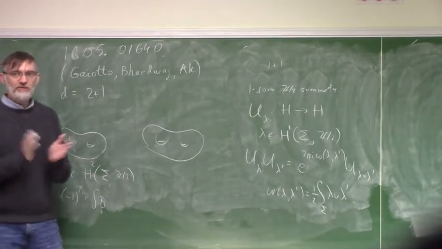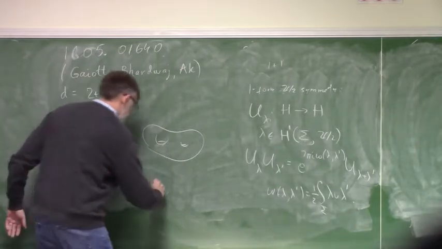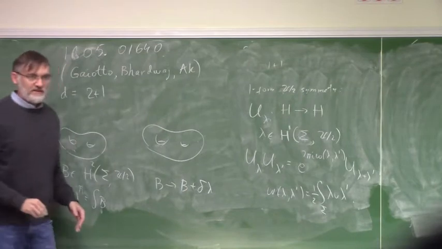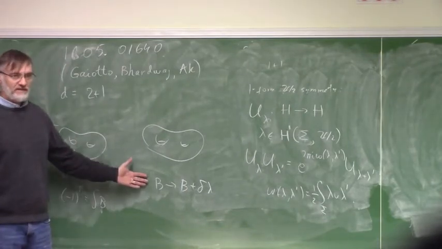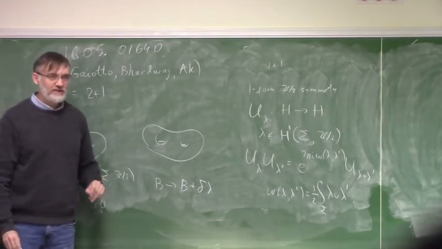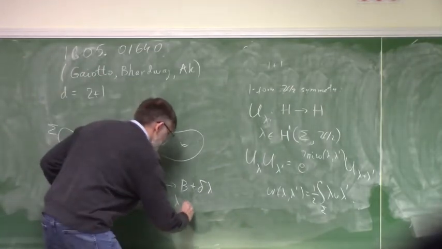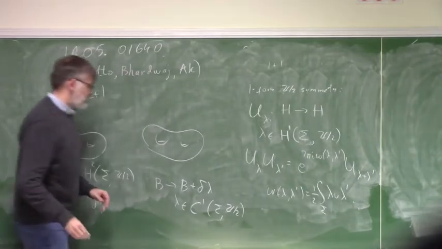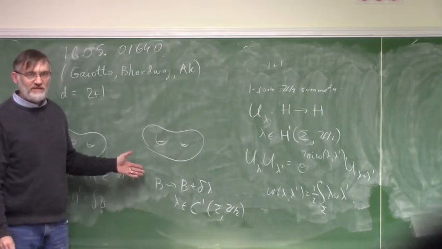Suppose you look at the sector with B equals 0. So B transforms like this in general. In particular, these are transformations which leave this B just 0. Namely, if the lambda is closed, in general lambda lives here. If it's closed, it's a cycle, then it gives B invariant.